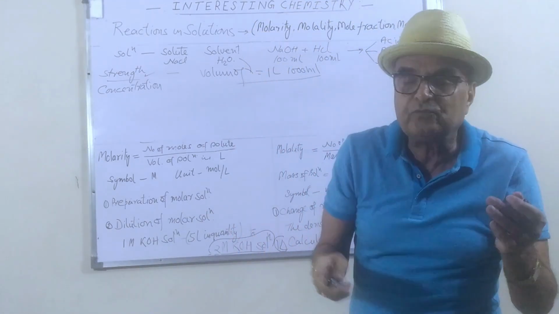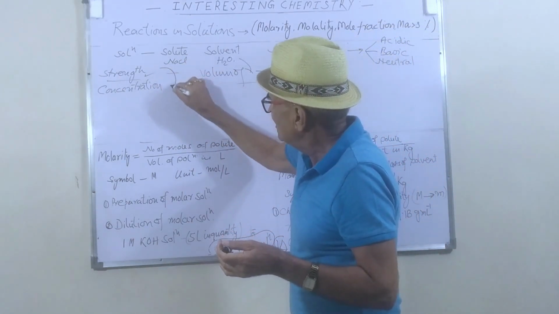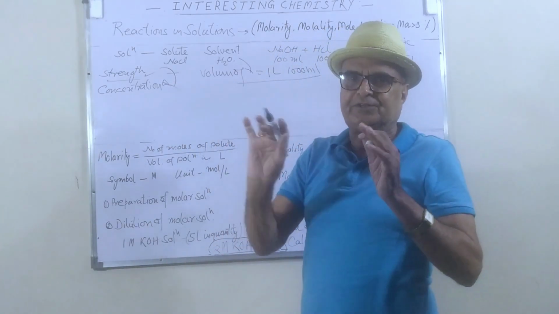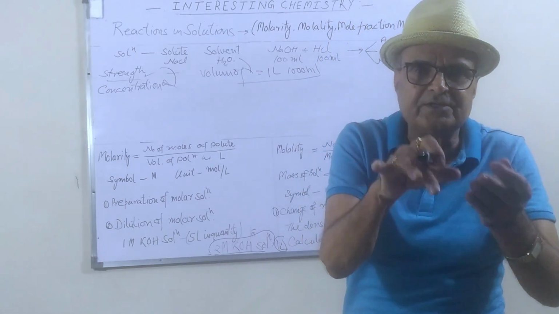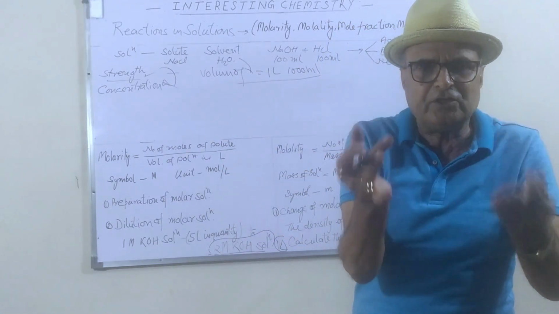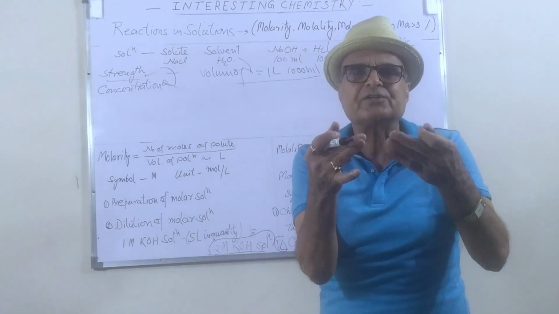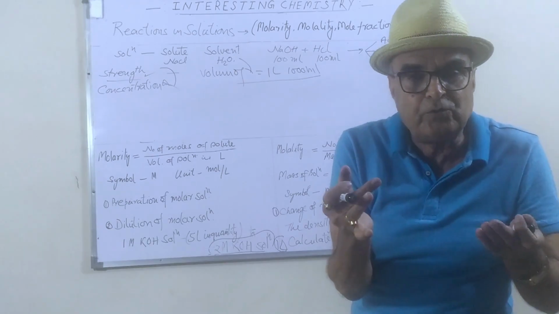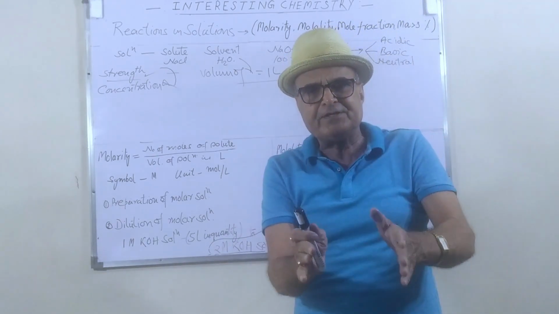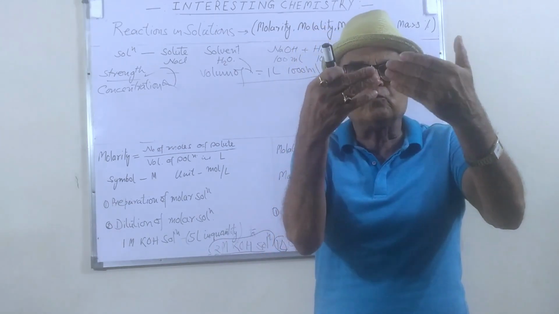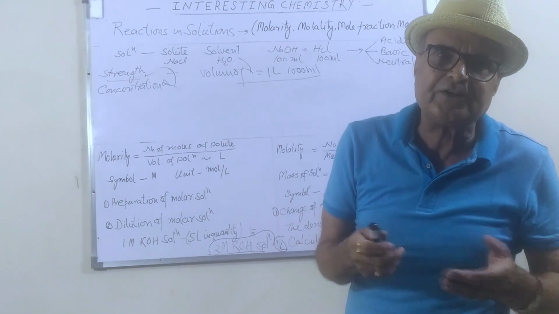Now we come from strength to concentration. Both are synonyms of each other, but always say the concentration of solution. What do you mean by the concentration of solution? The amount of the substance present in 1 liter of solution is called the concentration.